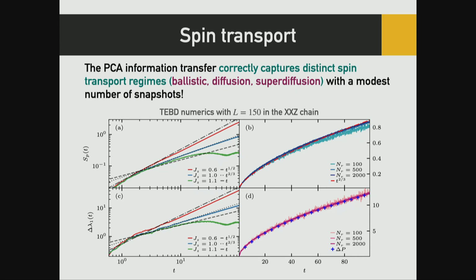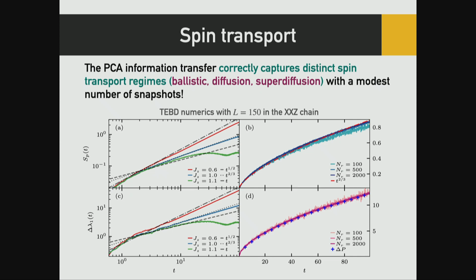So what we found is that the growth of this PCA entropy captures, or is in a way governed by, the dynamical exponent corresponding to the different types of transport. And on the right panel, we show this for different values of the number of realizations. And it's quite remarkable that already for a few hundred of these snapshots, you can recover a signal that allows you to extract the dynamical exponent with a very good accuracy.